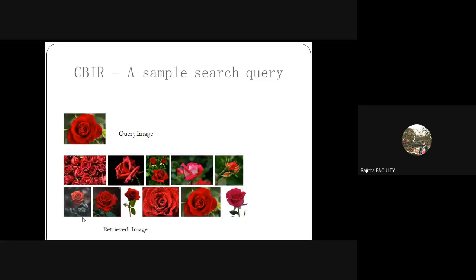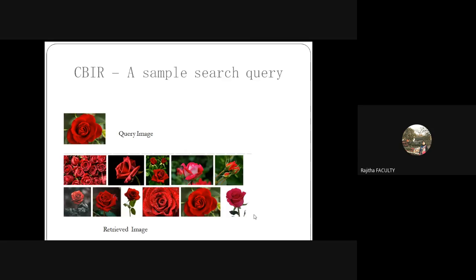Now among them, which is the most similar to the query image? This one. The second most similar is this, and the third is this. So the most similar is not coming first, but it is there in the results.